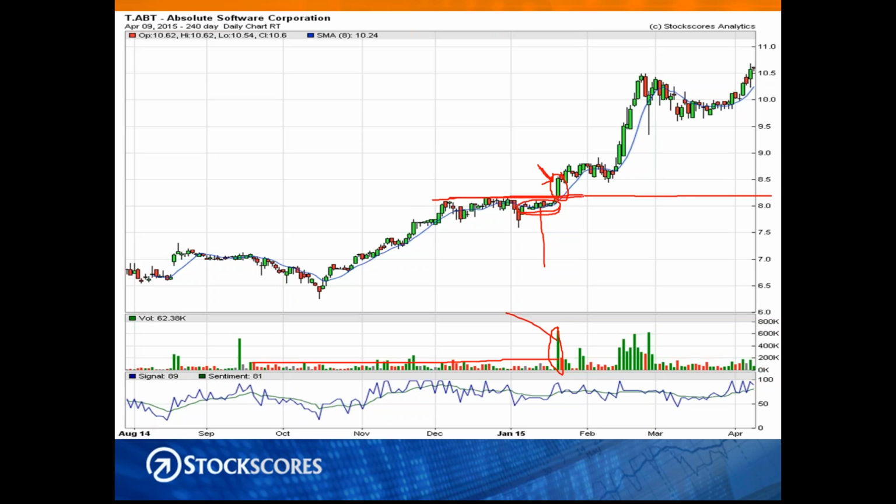Now, I assume, and it's a good assumption to make, that the reason you had investors willing to pay more for the stock on that day was because they had some new information that justified paying $8.50. They said, yesterday I didn't think it was worth more than $8.20. Today, because I've heard that this company has got great earnings growth or whatever it might be, I think the stock's worth more.